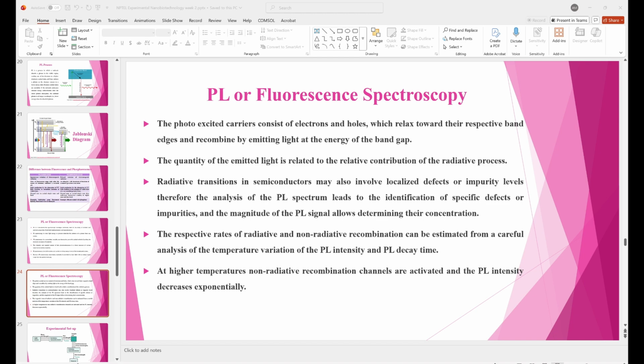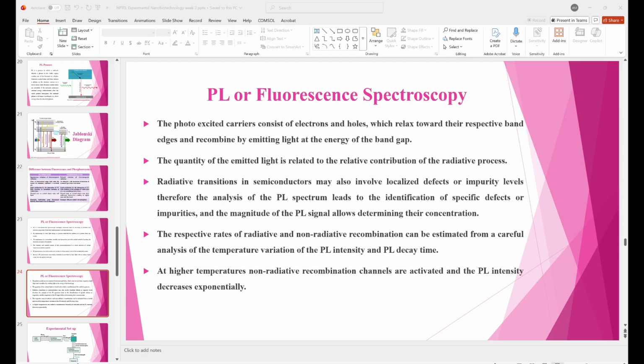Then we have DLS. In DLS, you measure the hydrodynamic diameter. In TEM, you get the actual size of your sample, whereas DLS gives you the hydrodynamic diameter. You use the Stokes-Einstein equation to calculate the hydrodynamic size of a material.